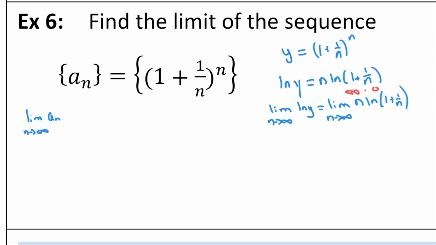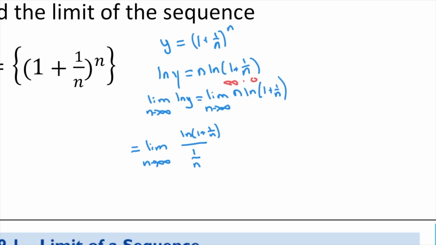In order to use L'Hopital's rule, we're going to have to rewrite our problem. We have the limit as n goes to infinity of the natural log of 1 plus 1 over n in the numerator, divided by 1 over n. Now we have 0 divided by 0 and can apply L'Hopital's rule.